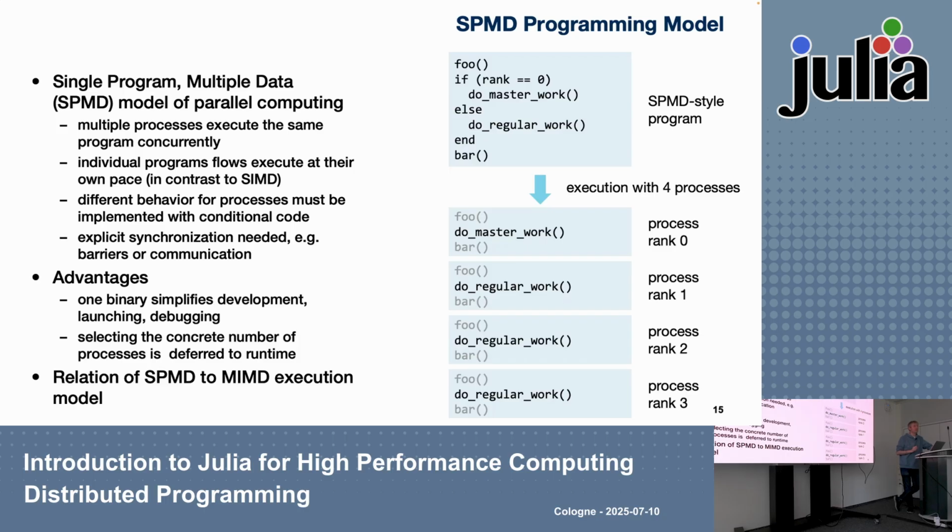Exactly, and you start the program with MPI, and then you have a parameter for how many processes should be spawned. So this is outside of your program. You do it on the command line. And inside your program, the first thing you do is ask what is my rank, and how many ranks do we have in total.